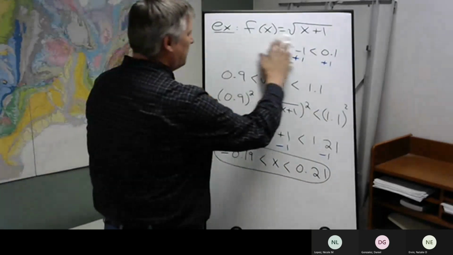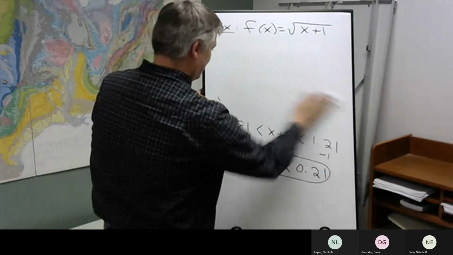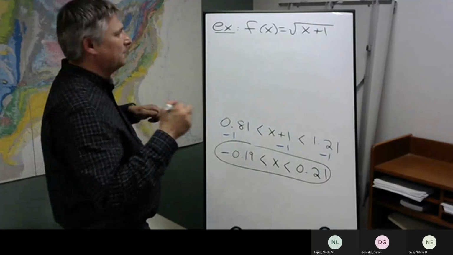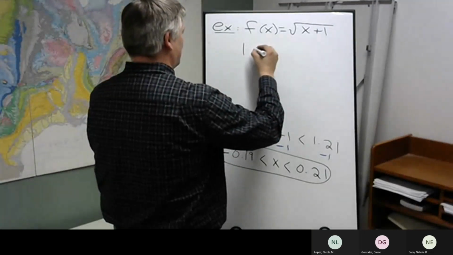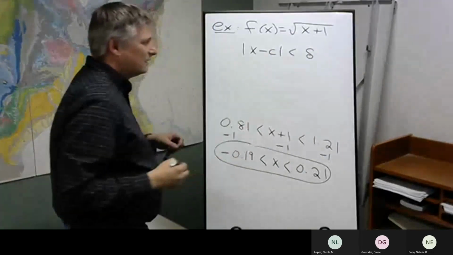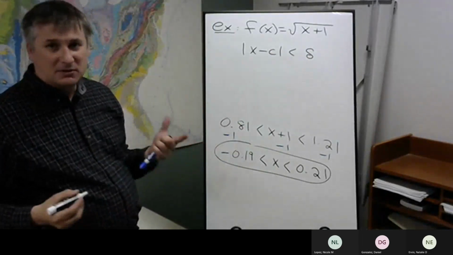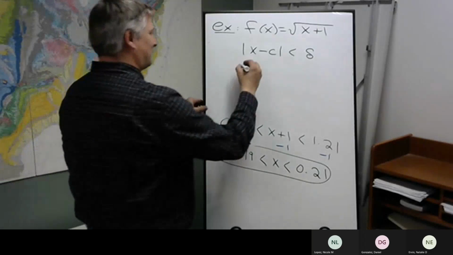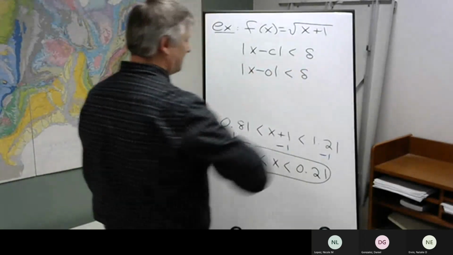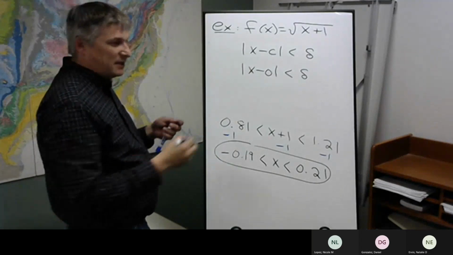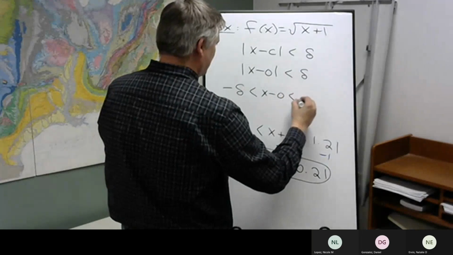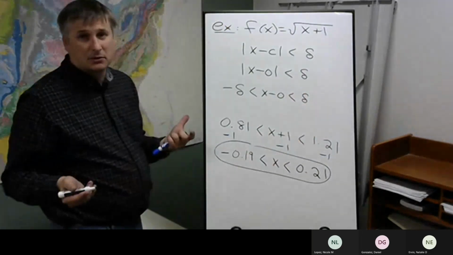So with that, let's go back to this. So we have C. C in this case is going to be 0. So again, we break it up. And then x minus 0 is just x.